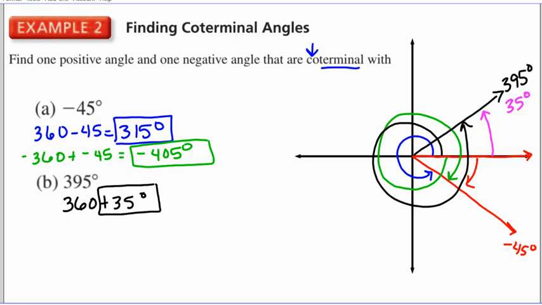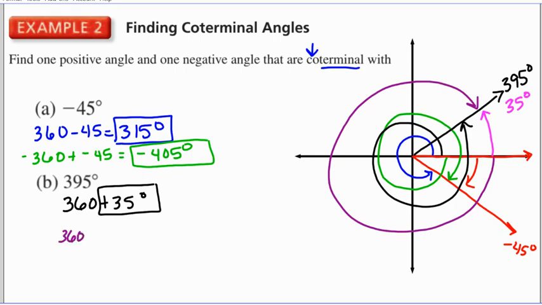So I would start at the same initial side, and I would go down and stop when I got to that terminating side, right? So I'm going down, I'm going negative. So I'm going to do 360, but I'm starting at 35 degrees minus 360. So that's going to be a negative 325-degree angle.